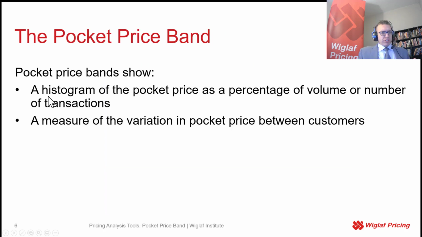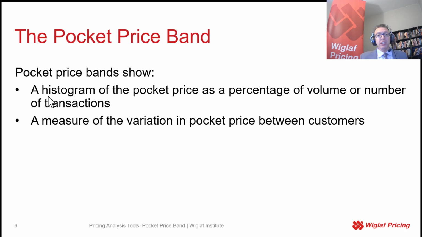Now, just as a summary, the pocket price span is a histogram, and it can show you what the pocket price is by either frequency of transactions, the number of records you have in your data set, as the Excel histogram showed, or you can also weight it by something else.